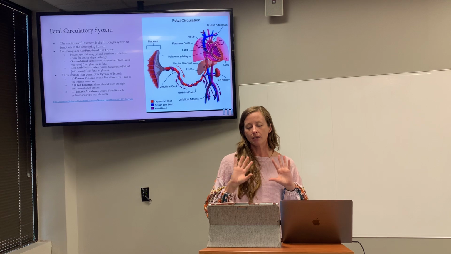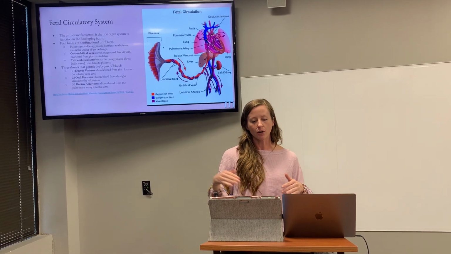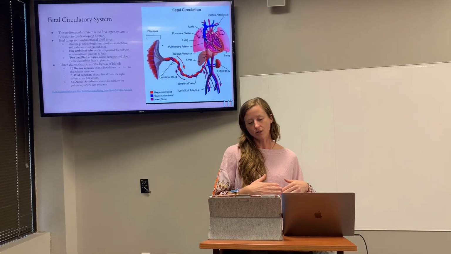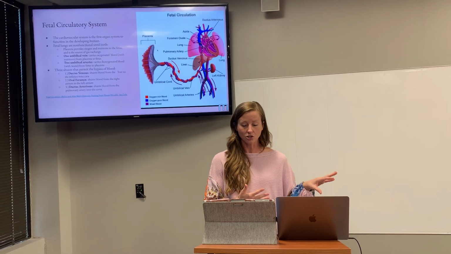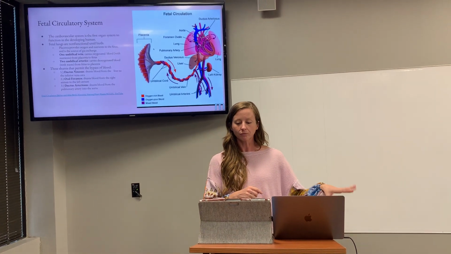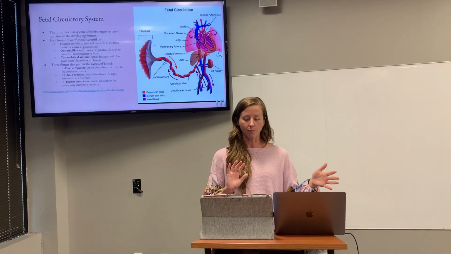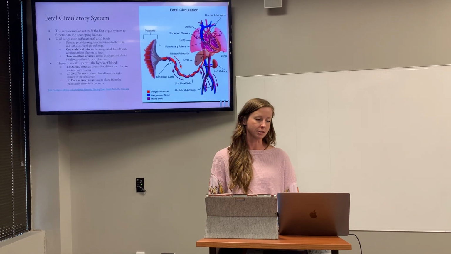Some of that blood will go towards the fetus's limbs, but the descending aorta also branches off to the internal iliac artery, which connects to the umbilical arteries, and that's going to carry the deoxygenated blood back to the placenta, where it will go into mom's circulation. From there, she will rid the blood of waste and then send back oxygenated blood to the placenta.